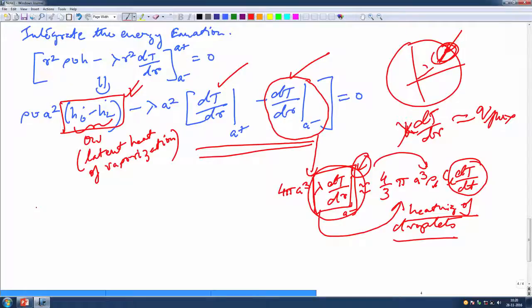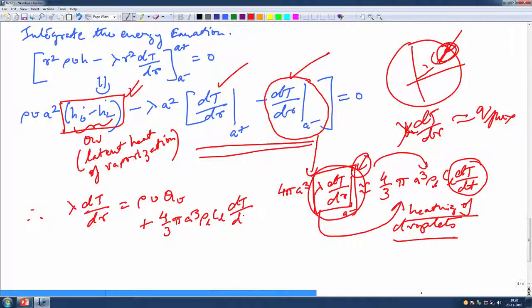So therefore lambda dT/dr, this is the slope in the vapor phase, is equal to rho v qv, where qv is the latent heat component, plus 4/3 pi a cubed rho L CL, it is actually CPL.